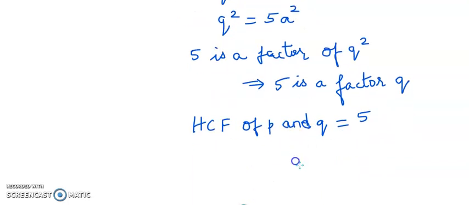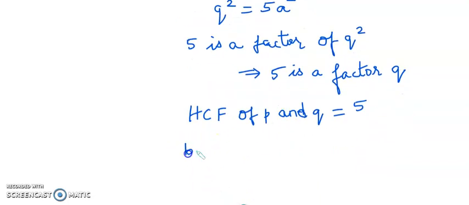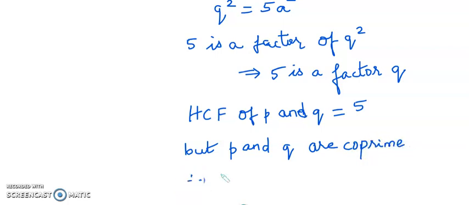So our assumption here is wrong. Thus root 5 is irrational.